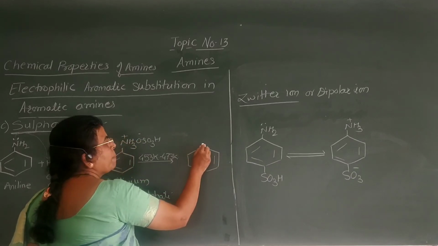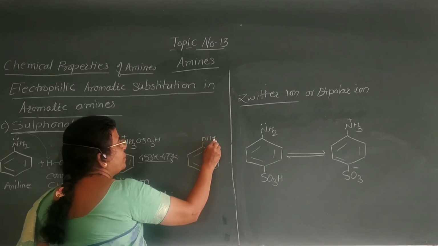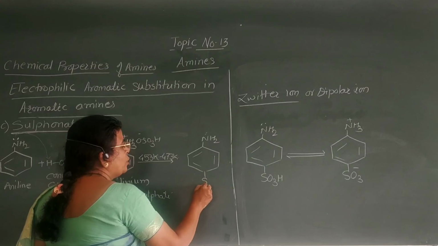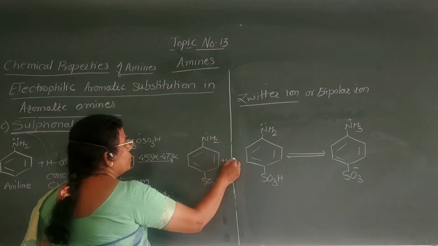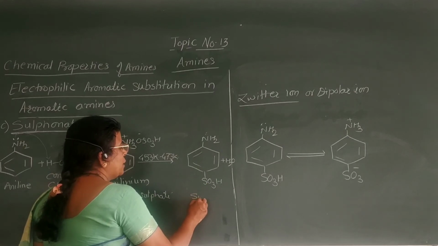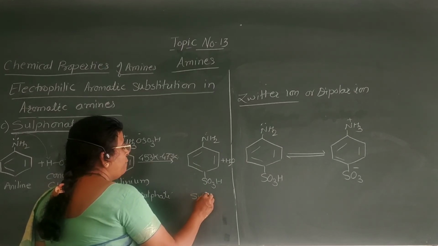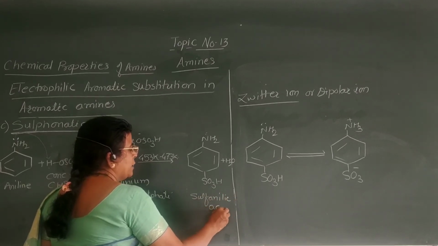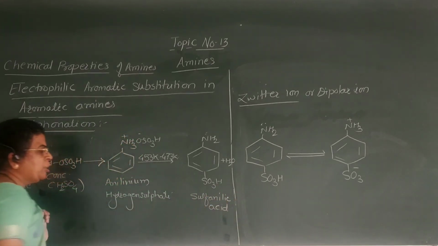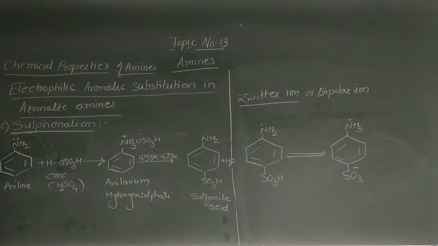That is, here NH2 and here SO3H plus H2O. This is sulfanilic acid. Formation of sulfanilic acid takes place.